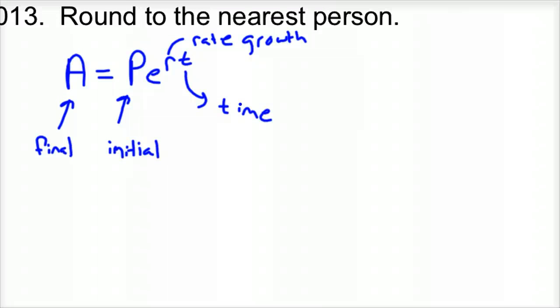So we'll go ahead and start plugging this in. Well, we know in 1990 the population was 22,600. We know in 1995 the population is 24,200.